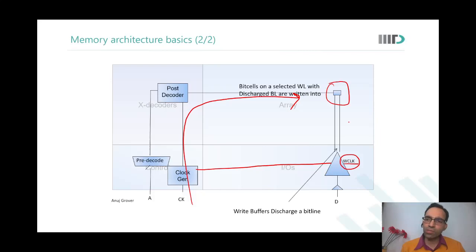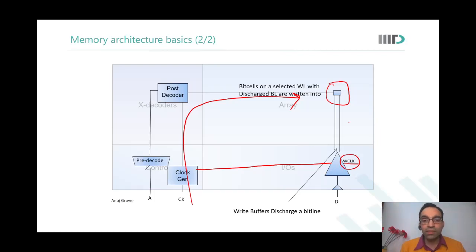Just like the read operation had two parts, a row decoder and word line generation circuit, and an output determination circuit, which is the sense amplifier, over here there is a row decoder and word line generation circuit, and there is an input conditioning circuit, which is called the write driver, which helps to write inside the memory cell. My question is whether the information you are writing goes through the write buffer or through the pre-decoder side.